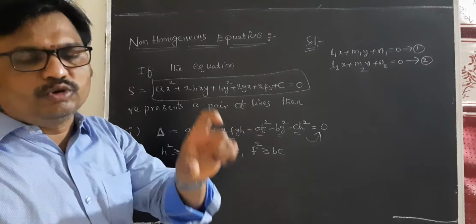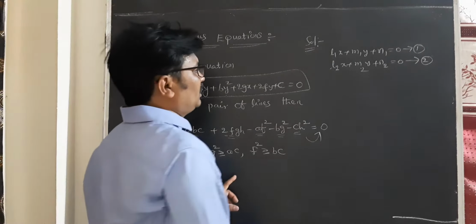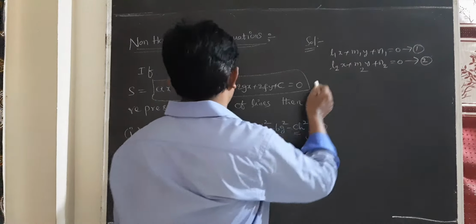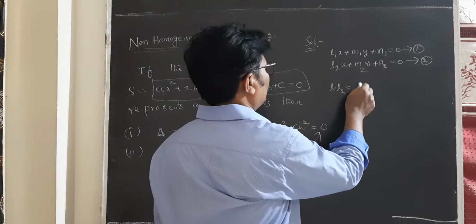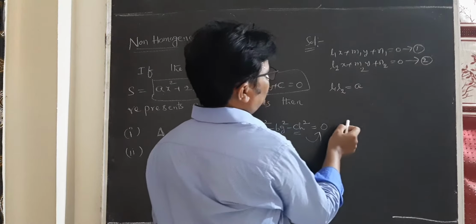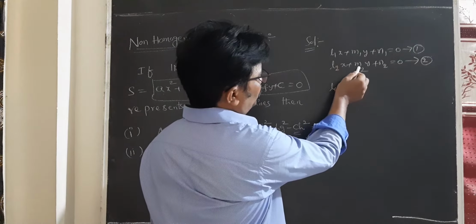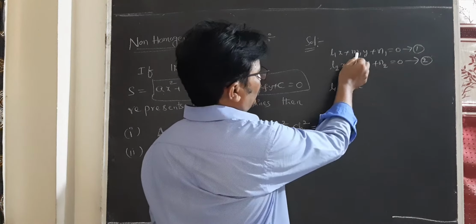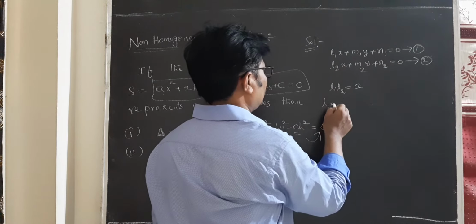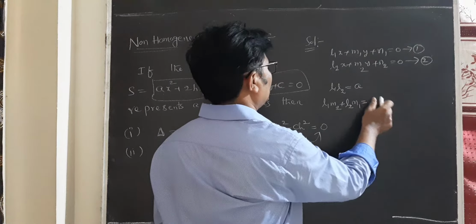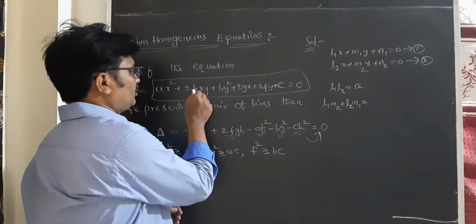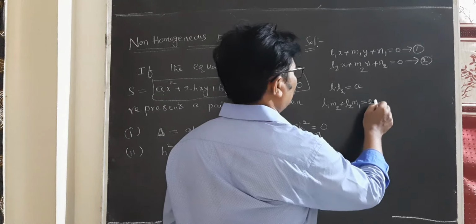Equating the alike coefficients on both sides, we get L1 L2 x square equal to a. So students, L1 L2 equal to a. After that, the xy coefficient is L1 M2 xy plus L2 M1 xy, that is L1 M2 plus L2 M1. The xy coefficient here is 2h.